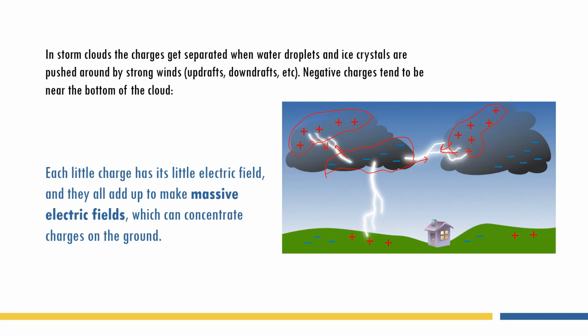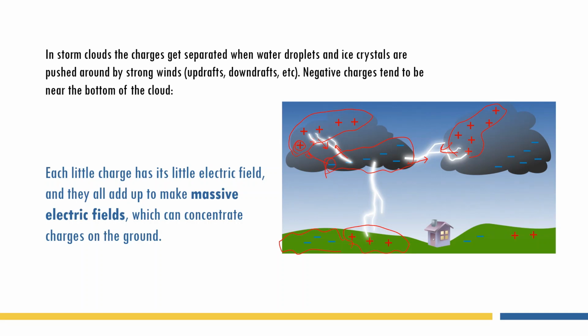Lightning can also happen from the cloud to the ground, because the ground also has a separation of positive and negative charge too. When you have the discharge of the positive and the negative charge, it will create an electric field. One positive and one negative are trying to combine with each other.